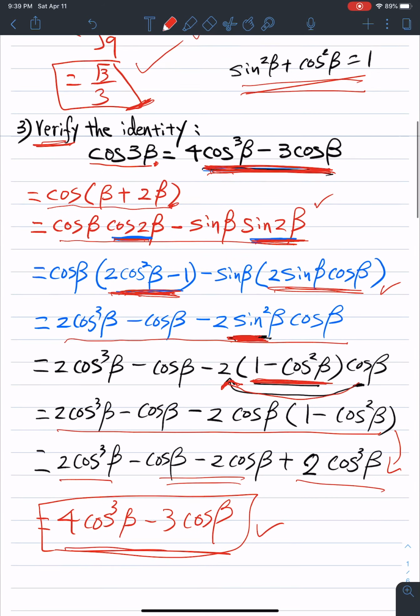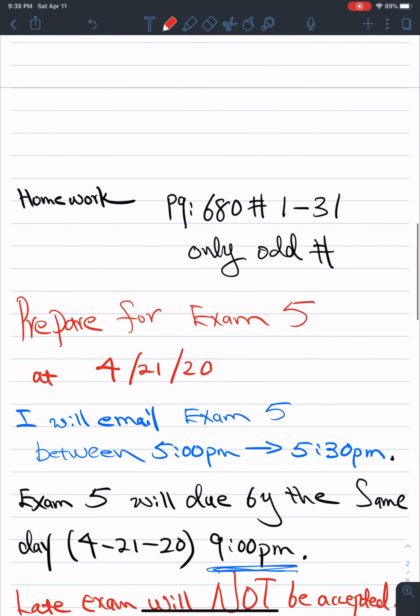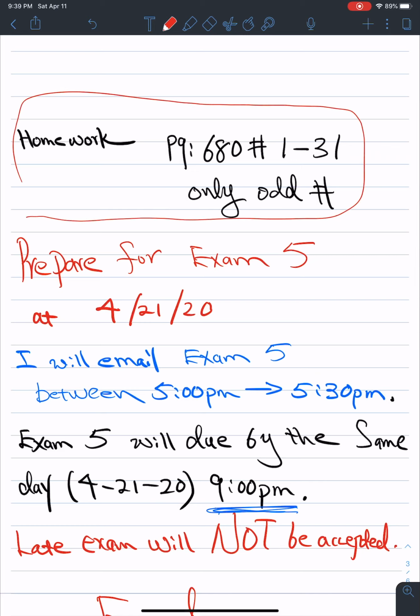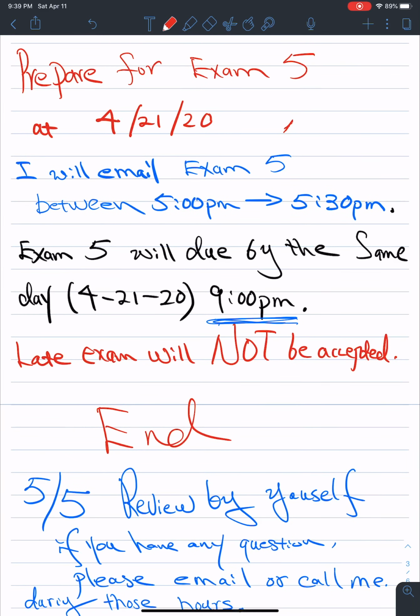So let's review a little bit more. That's the last homework for you to do, for chapter 5.3. Remember that exam 5 will be on April 21st. I will email you the exam between 5 and 5:30 on April 21st.